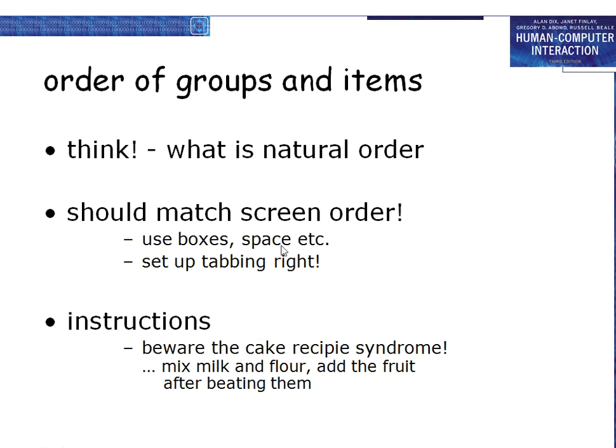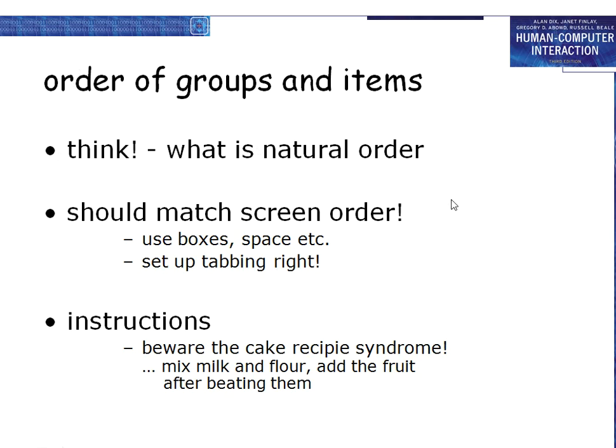Okay. And also order of the group and item. If we have more than one group on our screen, we can put them in order. How to make a process? The first process, maybe we can lay it out first, or maybe on the upper screen, like that. So we must think, what is the natural order?